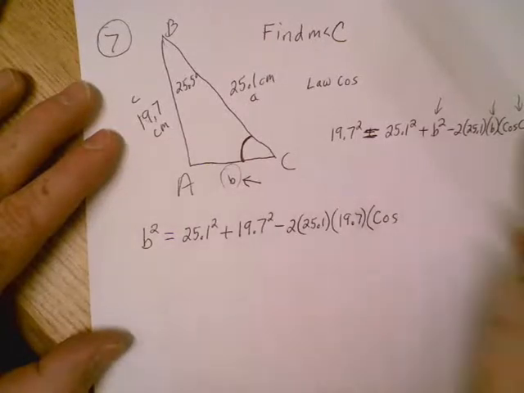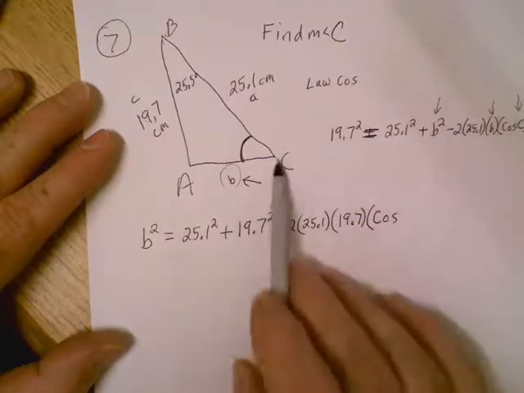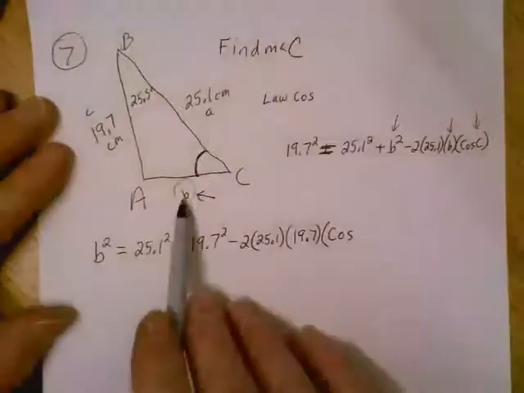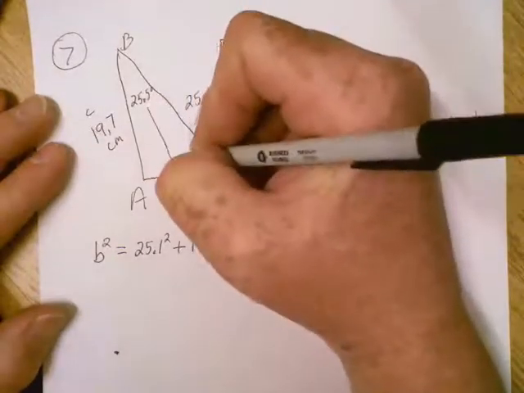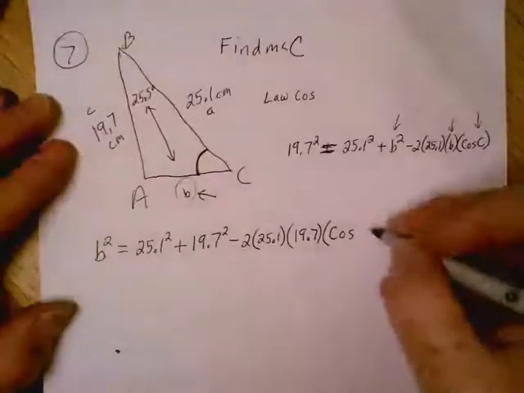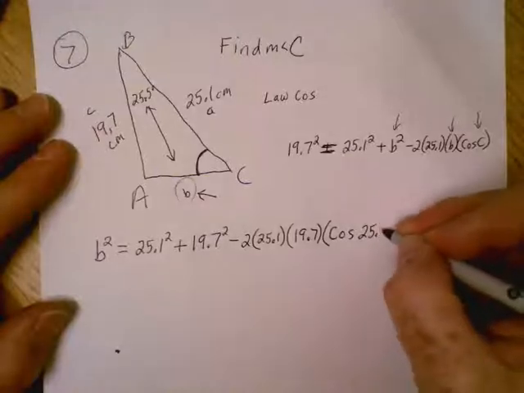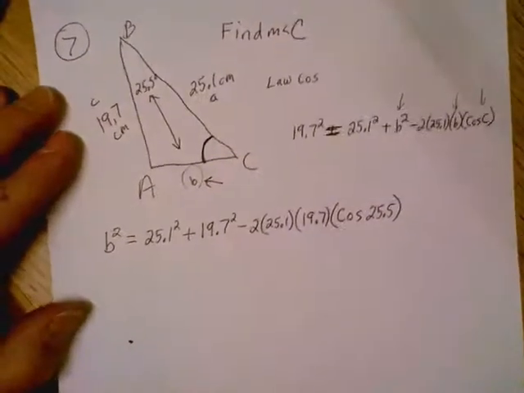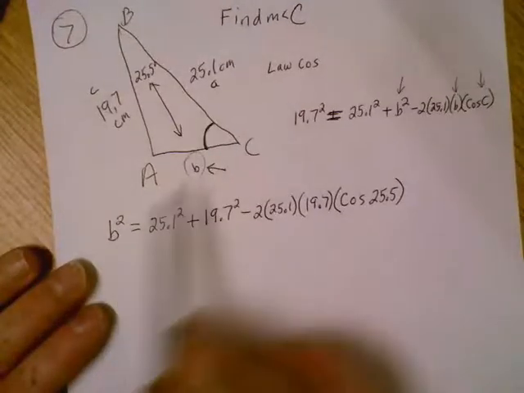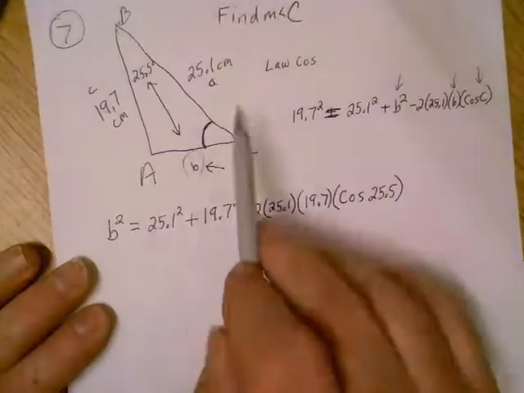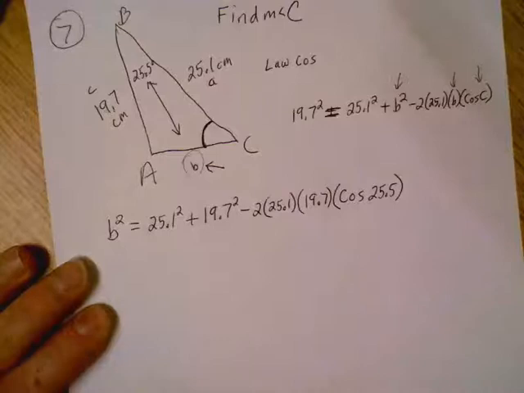We don't want the cosine of C. I know that's what we're looking for, but this time, since we're trying to find little b first, we actually want the cosine of that 25.5 degrees. So that's going to be our formula. Again, this isn't going to tell us our answer. This is going to tell us what little b is. Then we can use that to help us find big C.